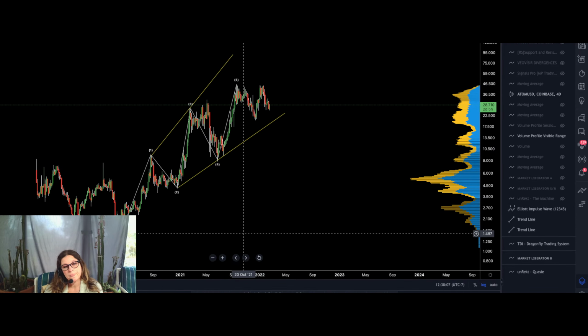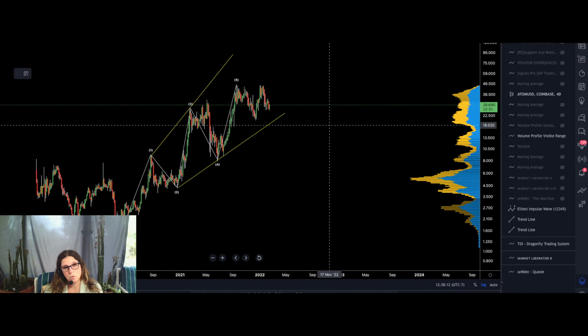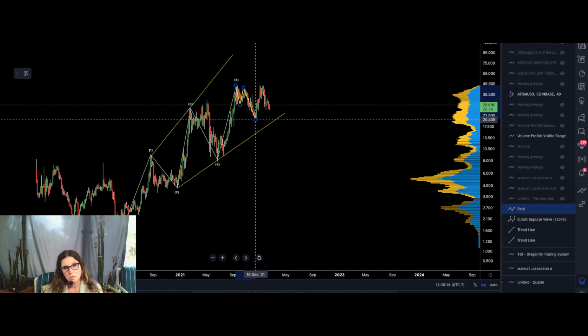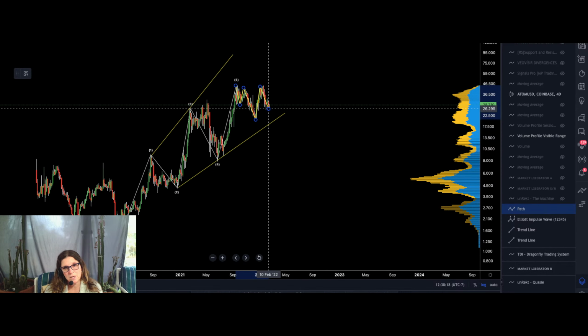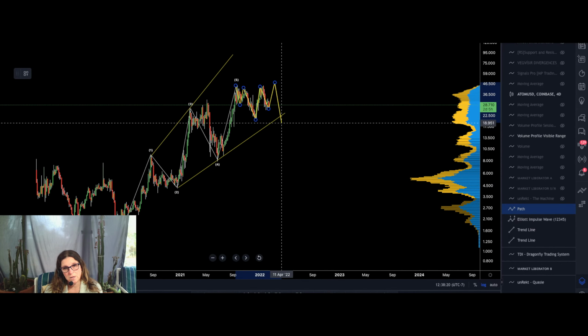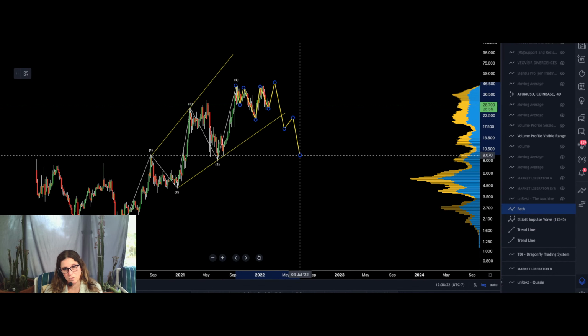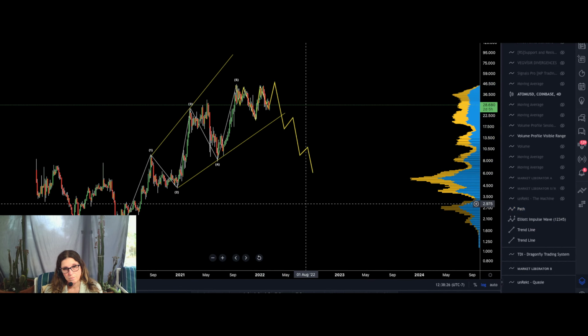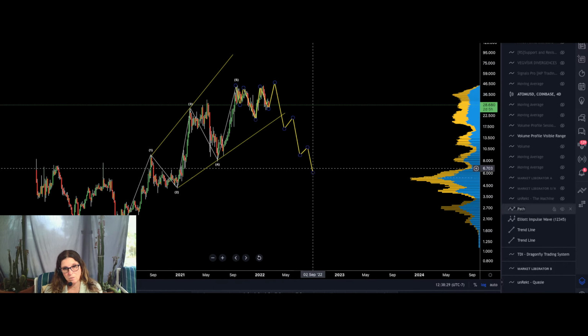So if this goes, we've got 3 down here. Looks like it wants to do maybe 3 up. It needs to come out of this, unfortunately, guys. Okay. It needs to make a correction.